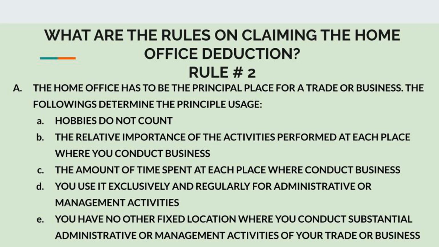But this is another criterion: if you spend your time fulfilling the administrative management aspect of your business at home, your home can be considered the principal place of your business. You have no other fixed location where you conduct substantial administrative management activities of your trade or business.